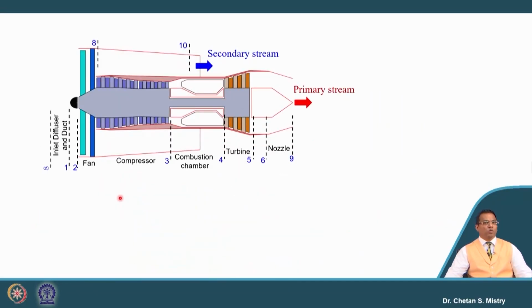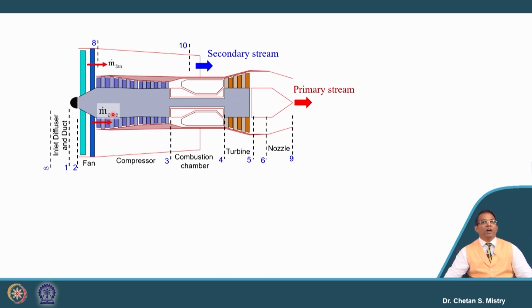So, let us try to understand the construction in detail. As we have discussed, we have the initial component, that is the fan. From here my air will be bifurcated in two ways. One is the air which is entering inside my core engine, I say this as m dot core.